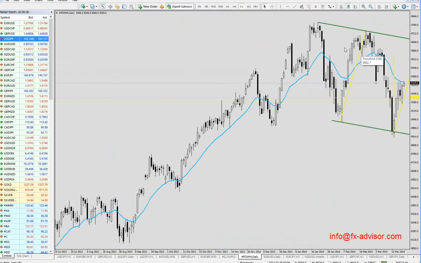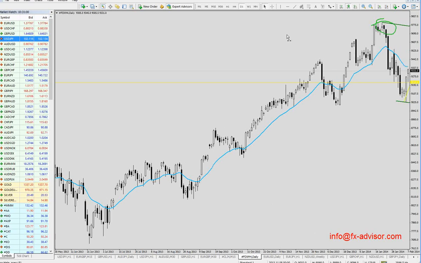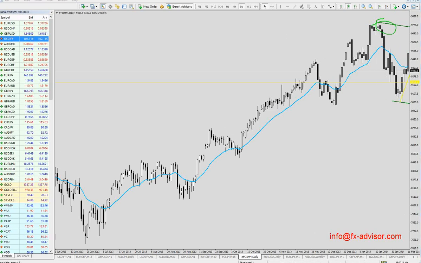okay, let's start from here. We had some swing high, double top on daily, whatever you want to call it. Okay, we had something like this. Then bam, bam, bam, we moved strongly to the downside.